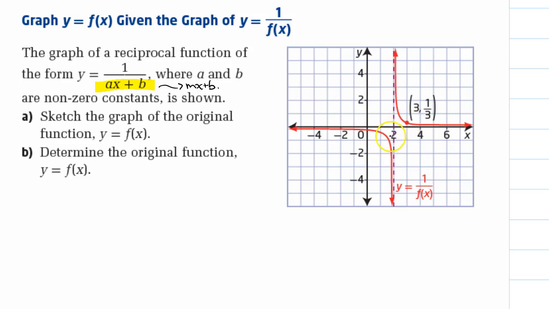Okay, so first of all, asymptotes always occur at intercepts. So I know I've got a point right at x equals 2. Okay, so again, asymptote is going to happen at my x-intercept.